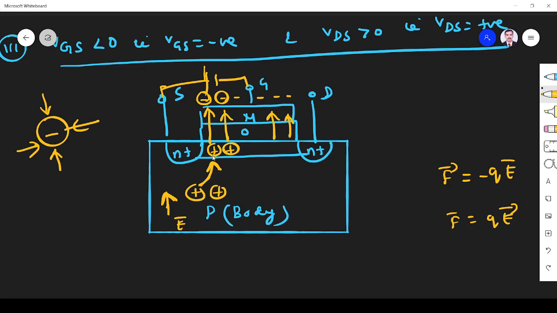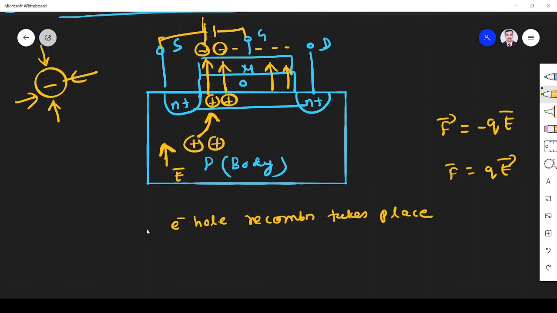So electrons and holes will recombine. Electron-hole recombination takes place. But if you increase VGS more in the negative direction, what will happen? More charge carriers will be attracted, and some of them will recombine with the minority carriers as they start moving towards the channel.